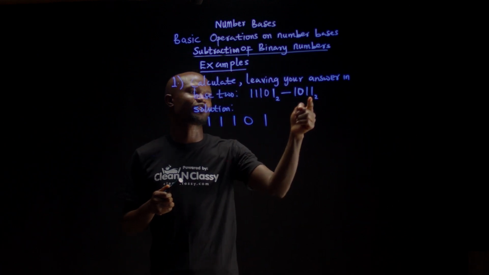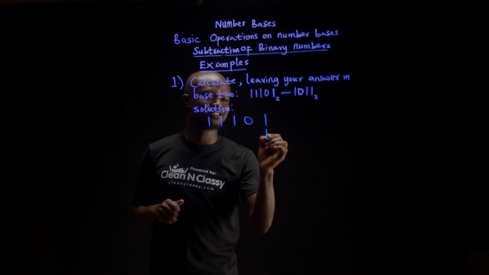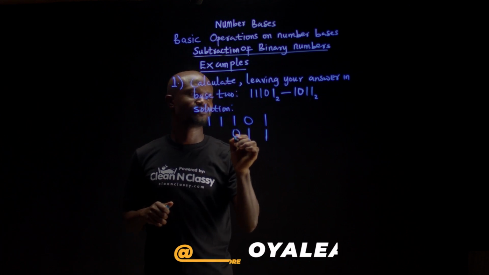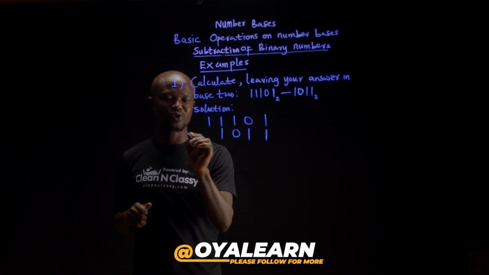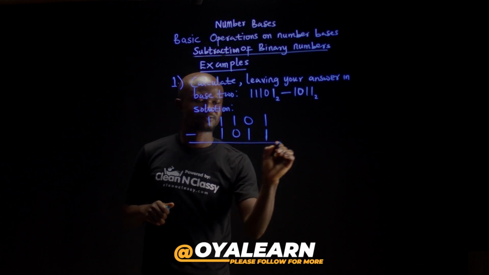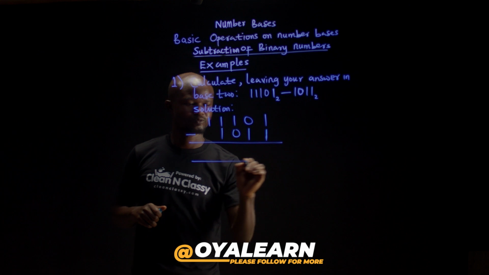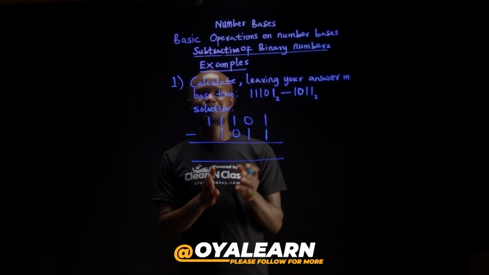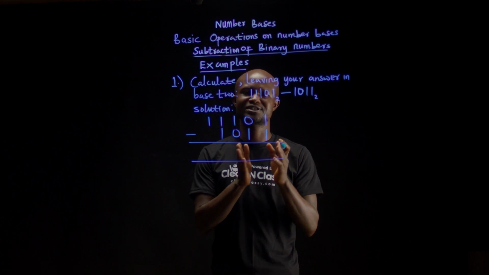Looking at the unit part of this, you have 1, 1, 0, 1. So we take away. Now, under subtraction of binary numbers, you must take note of this.